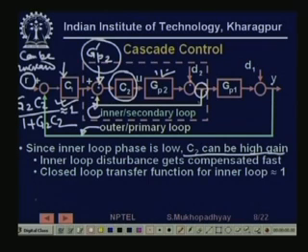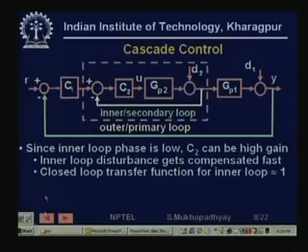Since this loop has very high gain, the effect of disturbance either here or here gets very quickly corrected in the inner loop itself, and it does not travel to the outer loop. So, we have been able to contain the disturbance within the inner loop, and stop it from spilling over to the outer loop. The effects of inner loop disturbances are neutralized very fast in the inner loop. These are very significant advantages.